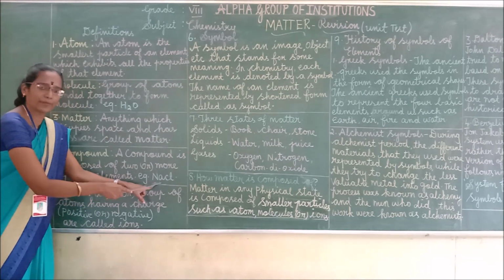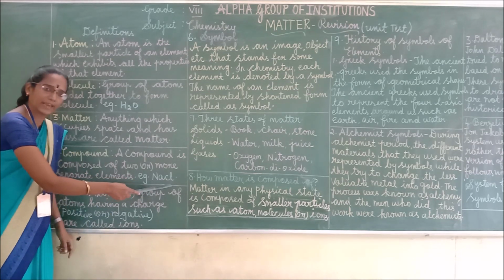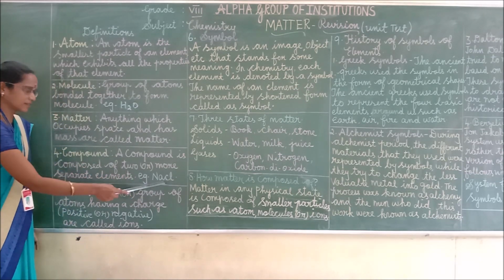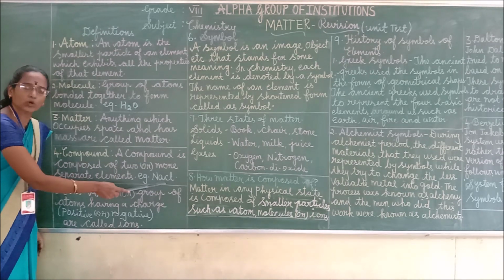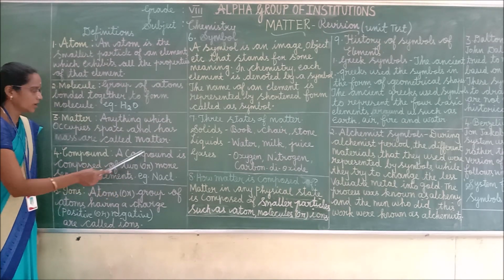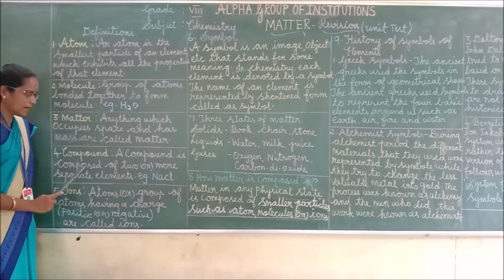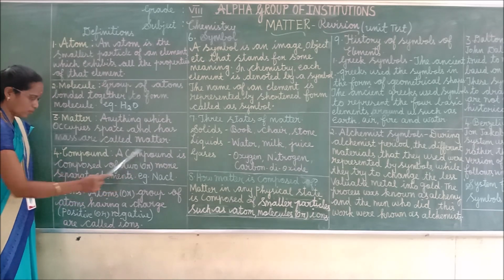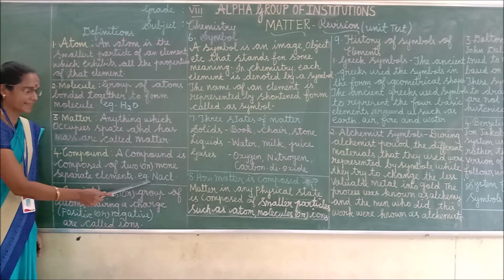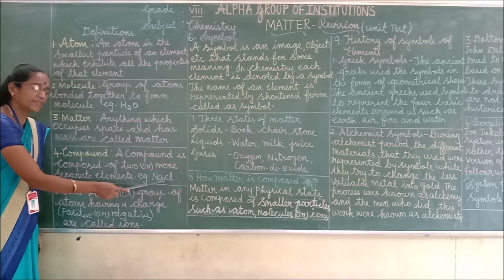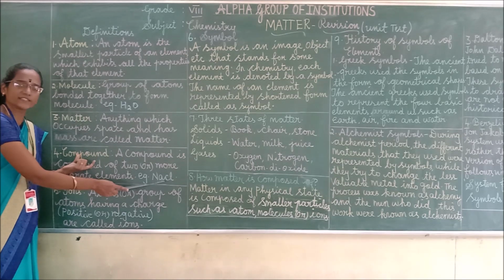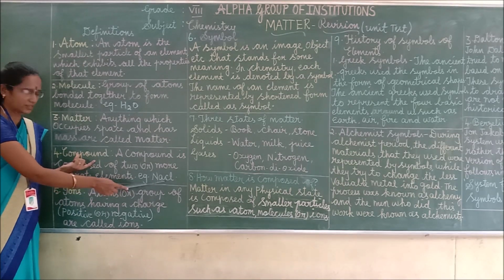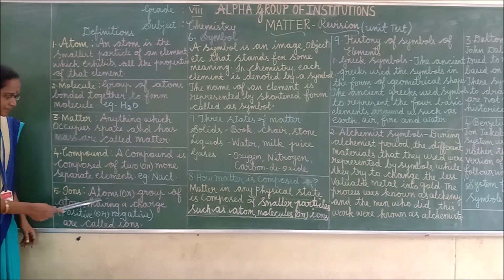So sodium element as well as chlorine element combine to form the compound. So sodium chloride is a compound. A compound is composed of two or more separate elements. Even water we can say as an example of compound because it is composed of hydrogen and oxygen elements, right?